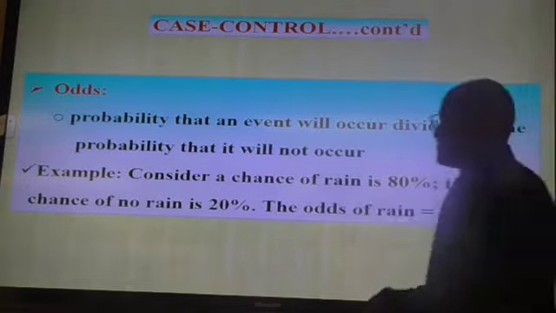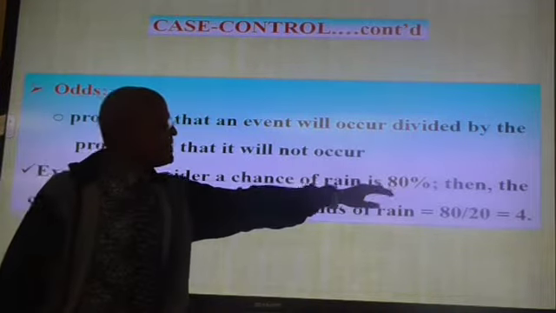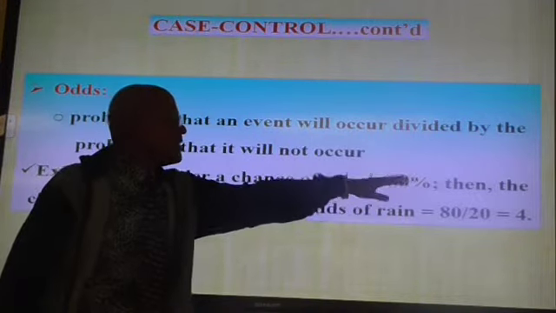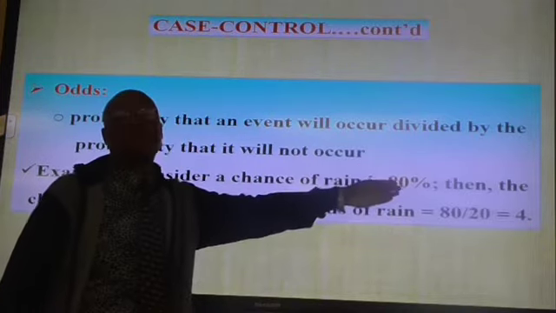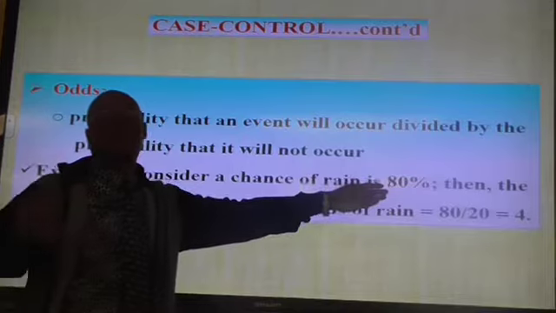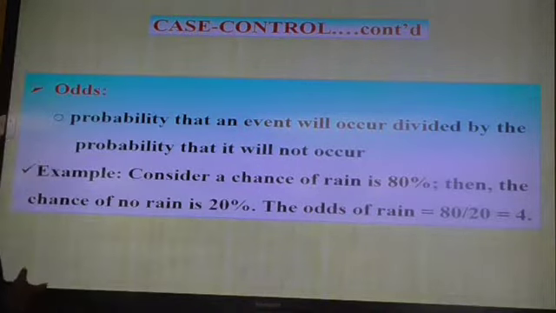You always have a weather channel, you always have the chance of rain, let's say it's 80%. Then if you know that intuitively the chance of rain is 80%, the chance of no rain is 20%. So these are what we call a dichotomy.